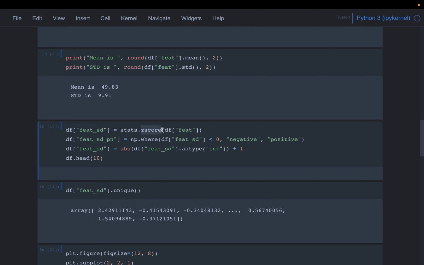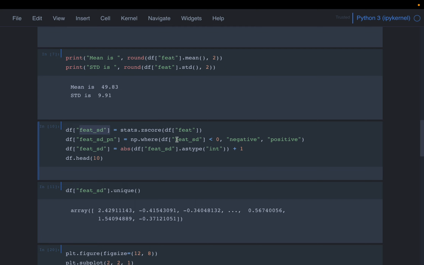If it is on the left hand side, it returns a negative sign. If the value is on the right hand side, it returns a positive sign.